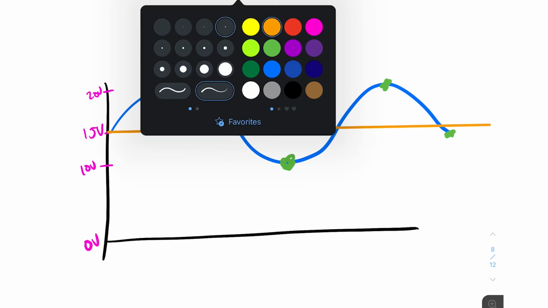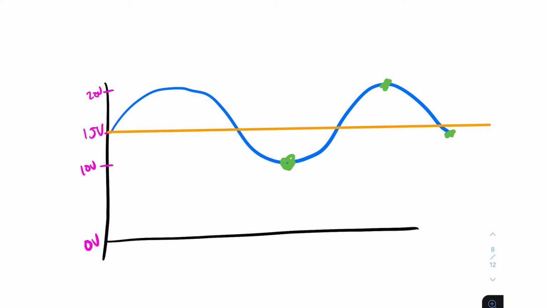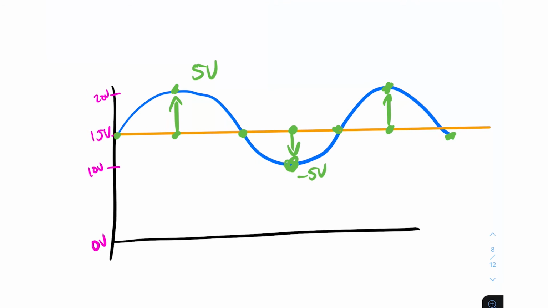So if we take the maximum voltage from its mean value, the mean value being here, here, here, here, what's the maximum voltage from the sine wave's mean value? Well, it's up here, 20 volts. So from 15 volts up to 20 volts is 5 volts. So you have a 5 volt amplitude here, a 5 volt amplitude here, and 5 volt here.